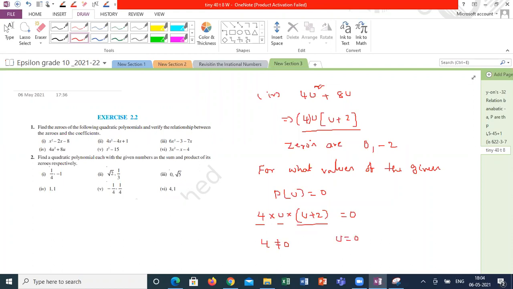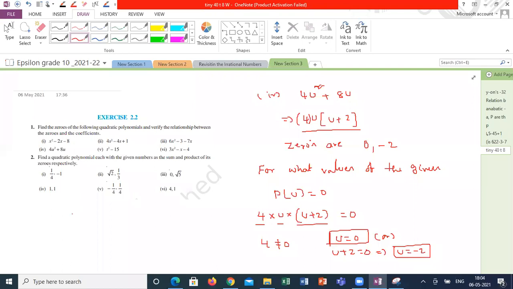Either u should be 0 or u plus 2 should be 0. From here, I can say u is equal to minus 2. So at u is equal to 0, the expression value is 0. At u is equal to minus 2, the given polynomial value is 0. Yes sir, we understood how to calculate zeros of the polynomial after factorization. This is the general method, but directly we will do.